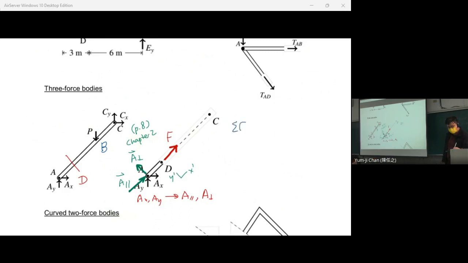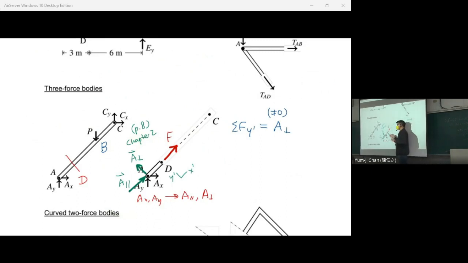Summation F in Y prime direction is equal to A perpendicular, and it is not equal to 0. Okay. So if we only look at this, and we say this is X prime direction and Y prime direction, the force in Y prime direction is only A perpendicular, and this is not equal to 0. Okay, that's problem 1.